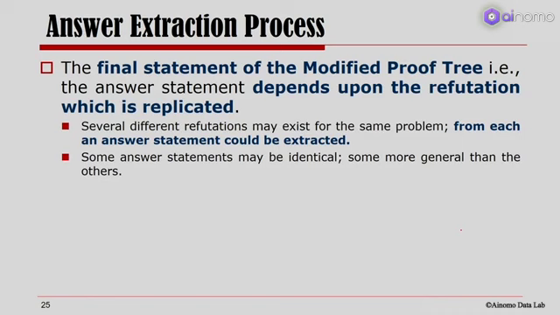Now, one needs to remember that several different refutations may exist for the same problem, and from each an answer statement could be extracted. Some of these answers that I have extracted may be identical, some more general than the others. But as I had emphasized, we do not know if we could get a more general answer, and we do not know when to stop looking for more general or more specific answers.